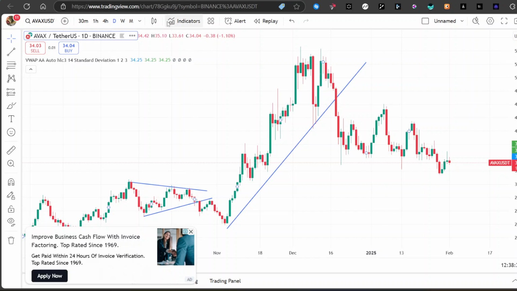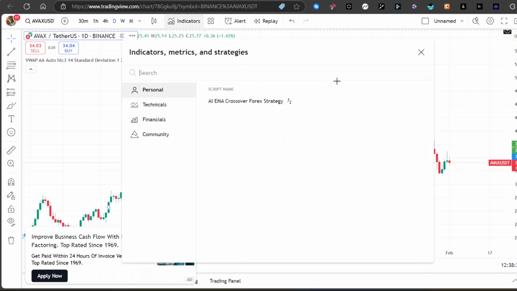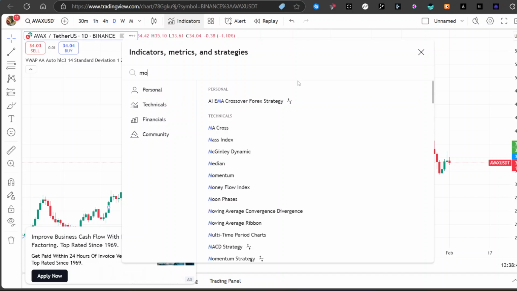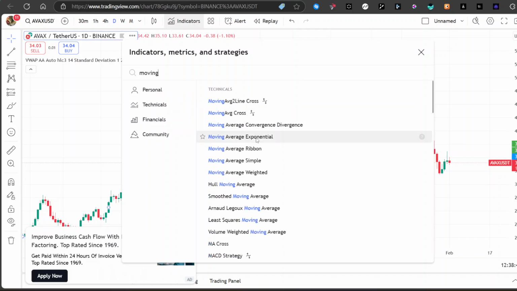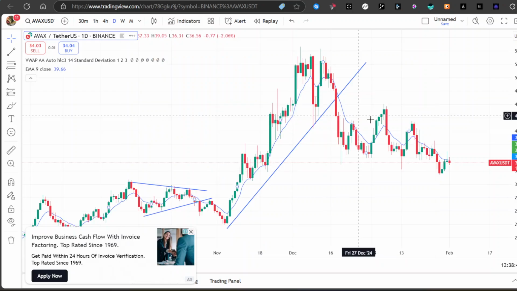You can also add moving averages for the purpose of confirmation and getting an idea of the prevailing trend. So moving averages also play a key role, right? And you can also add oscillators such as the relative strength index or any other oscillator of your choice. All these can provide a multi-dimensional perspective on market trends.